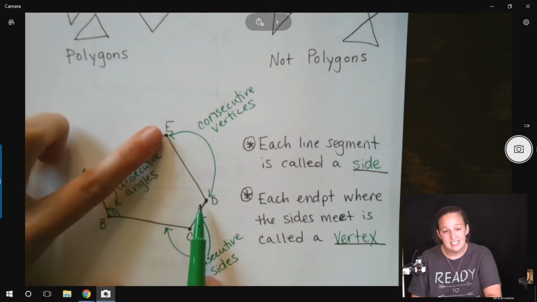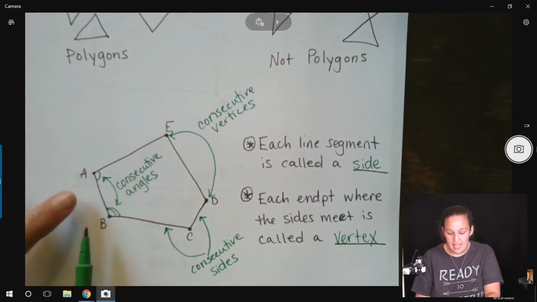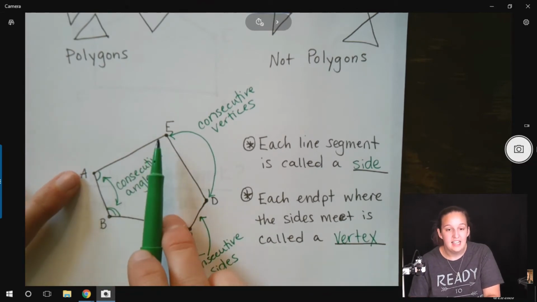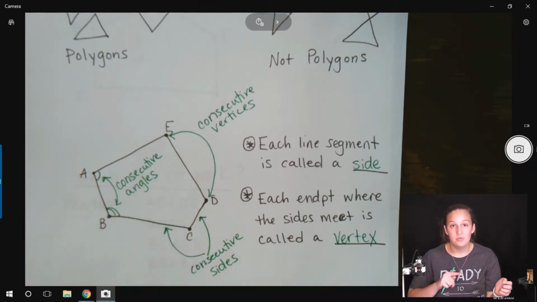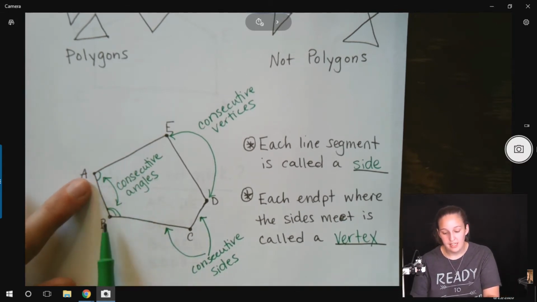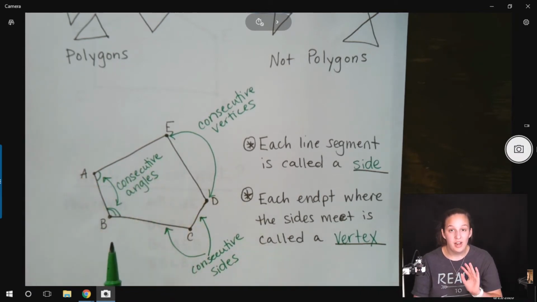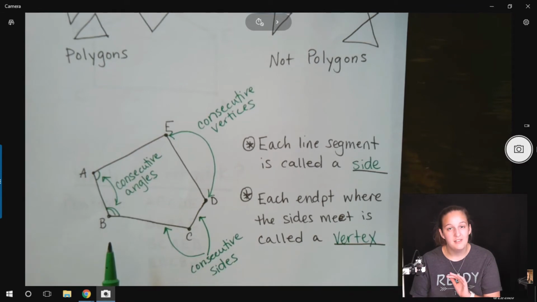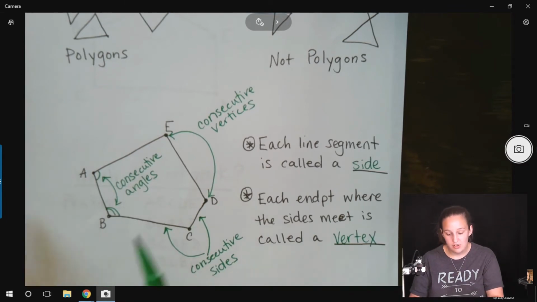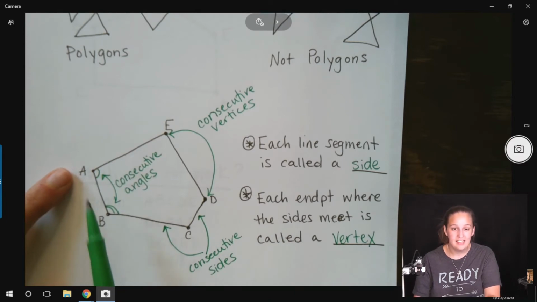E and D are an example of consecutive vertices. You could also say A and B, or A and E, anything that's close to each other. It's one side away. The same goes for angles. Consecutive angles would be one that comes next to that angle. So A and B, they don't have to be the same angle, they don't have to have the same measurement, but as long as they're only one side away, those are consecutive angles.